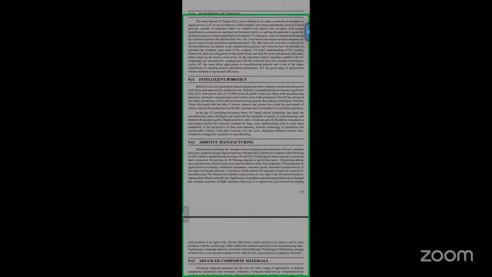The IoT has advanced robotic technology with internet based sensing systems, thus making it intelligent. Machine vision developed with the help of various cameras and sensors has made the movements of robotic arms on the production line flexible, accurate, and consistent in continuous operation.